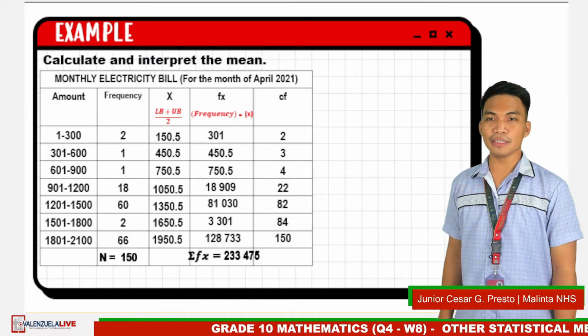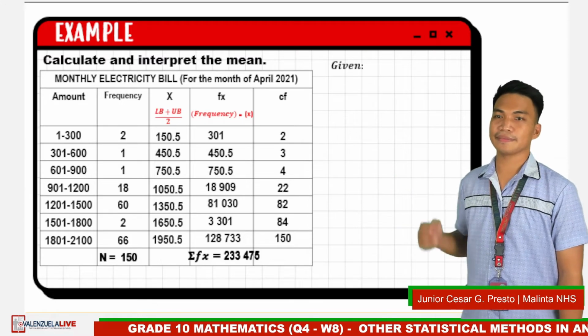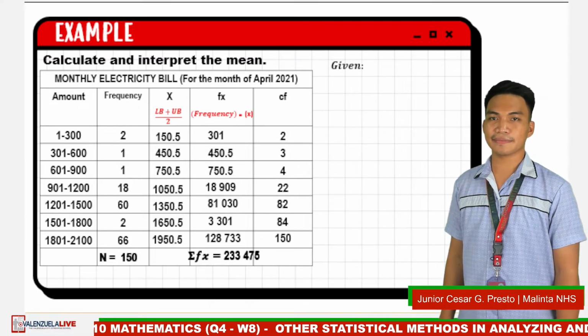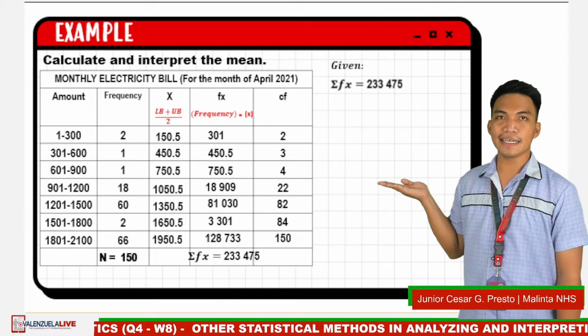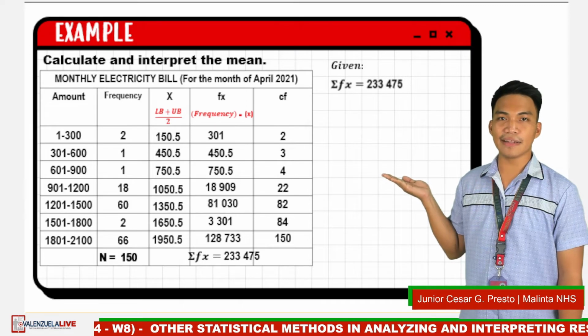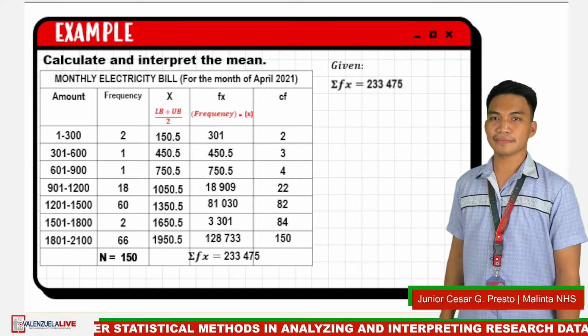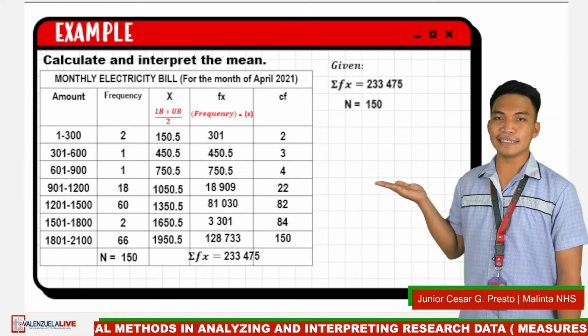Now that the table is already complete, let us write the given. What is the value of the summation of fx? Awesome! Summation of fx is 233,475. How about the value of n? Exactly. N is 150.